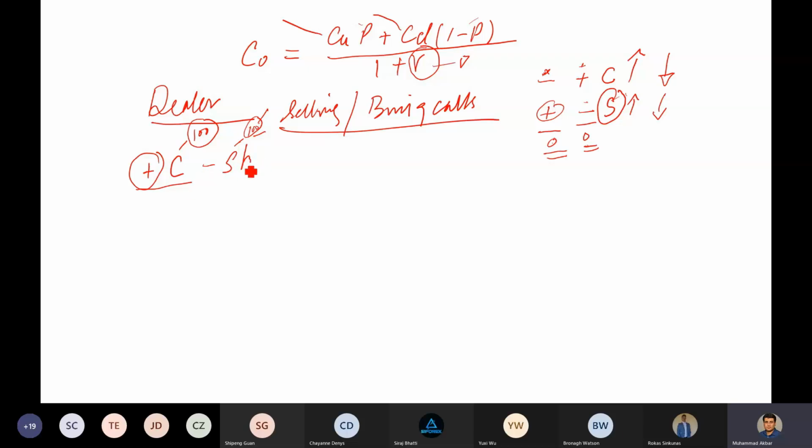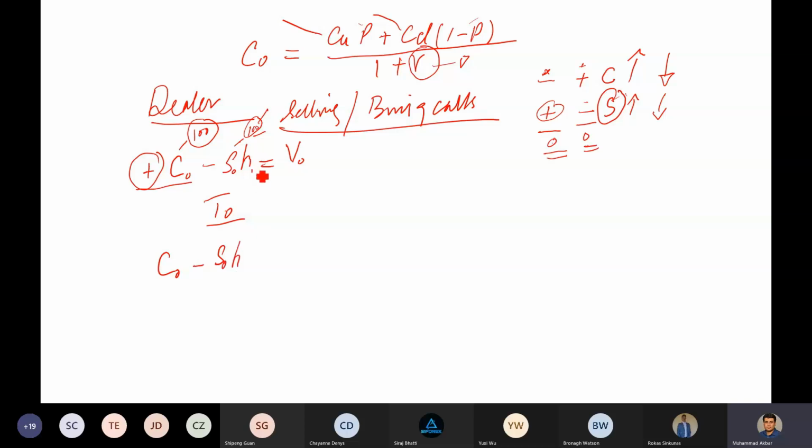And once we have this, this will be the value of the hedge portfolio. Let me denote it with V naught. Let me denote this with C naught, and let me denote this with S naught. So this is right now when you create the hedge portfolio, let's suppose at time T. So you buy C naught number of calls and you sell H number of shares to hedge your position.